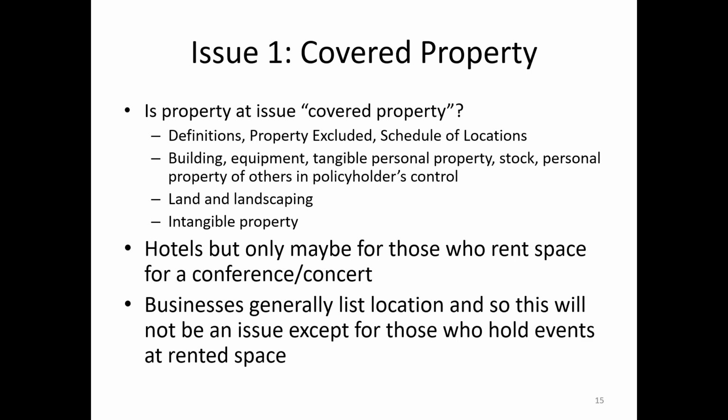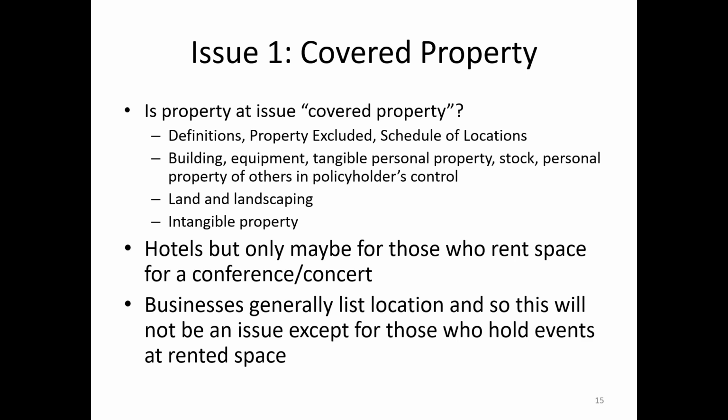So if a hotel has an event and the event's been canceled by COVID-19, the hotels who have lost money on this, they have covered property. Their hotel's listed. The question is whether the entities holding the events that are canceled, if they don't have event cancellation, can they trigger this? And it really depends on whether the rented space they use is listed or whether it's included under the definition section as covered property.